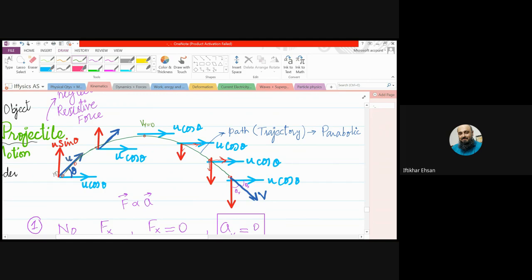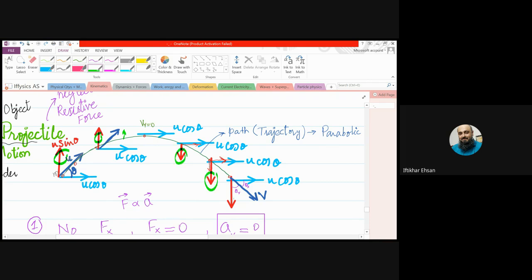So beta, when the object is rising, what do we observe? The vertical arrows are getting smaller and smaller, and then become zero. And when the object is coming downward, the vertical arrows are getting larger. This tells us the vertical speed is increasing when we are coming down.